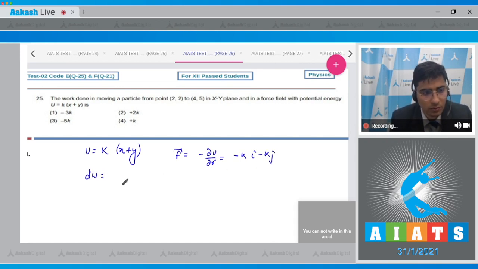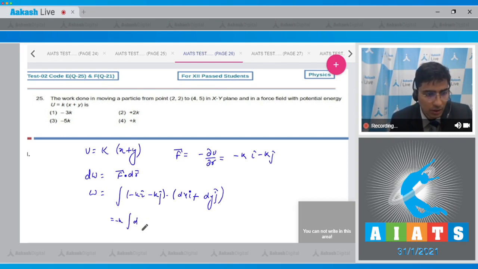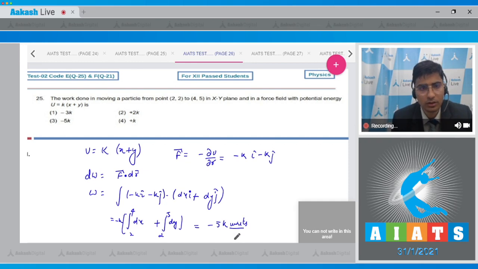Now the work done will be equal to F dot dr, and the net work done will be equal to the integration of (minus k i cap minus k j cap) dot (dx i cap plus dy j cap). So this will give us minus k, which can be taken common, integration of dx plus integration of dy. The limits of x are 2 to 4 while the limits of y are 2 to 5. So this will be equal to minus 5k units. And hence for this question the correct answer is option 3.